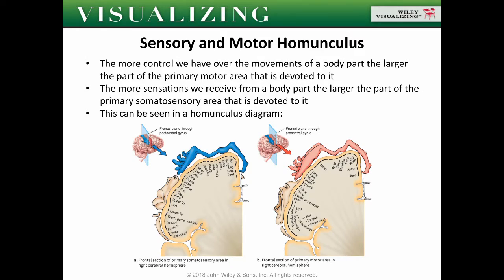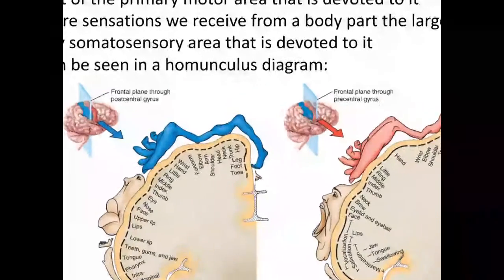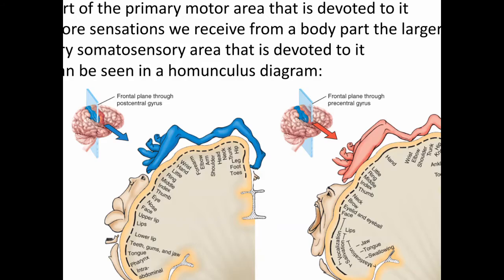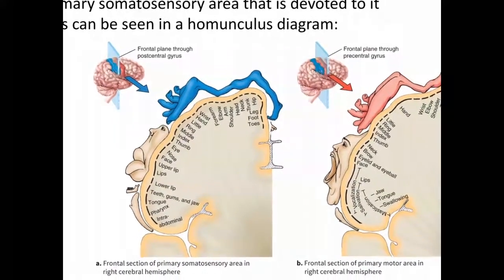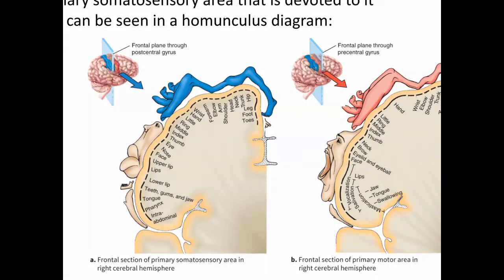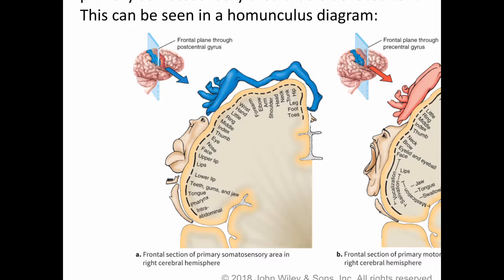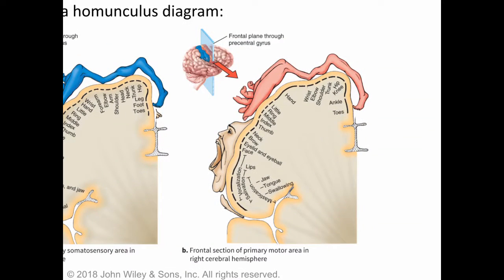So the more sensations received from a body part, the larger the part of the primary somatosensory area that is devoted to it. And depending on the person, you can have several homunculi sizes or diagrams. Usually the hands occupy one of the larger areas. So here you have a frontal section of the primary somatosensory area in your right cerebral hemisphere, and this is another frontal section in the right cerebral hemisphere.